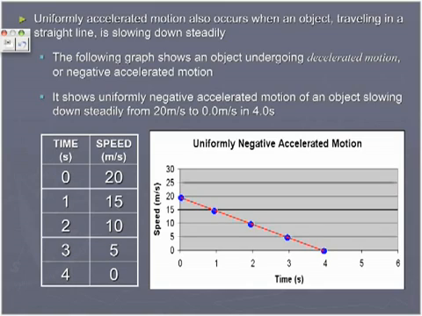So our V1 and our V2 is down here. So we're going to get a negative delta V, negative delta V divided by a positive delta T. Remember, time can never be negative because we cannot go back in time. The speed technically cannot be negative. Only acceleration can be negative.